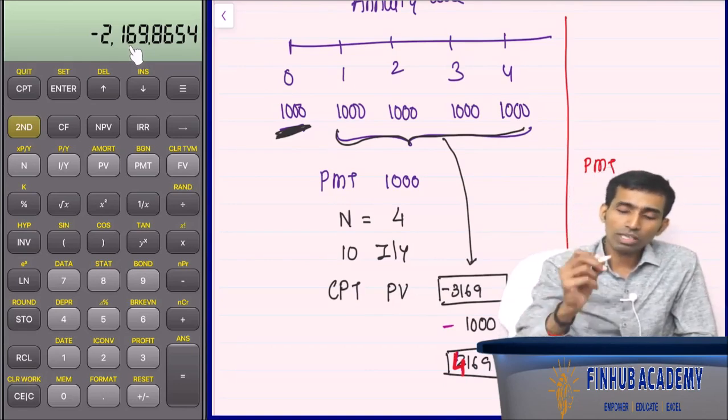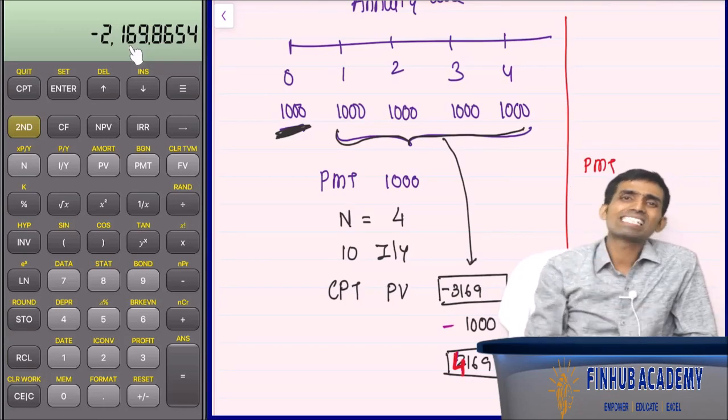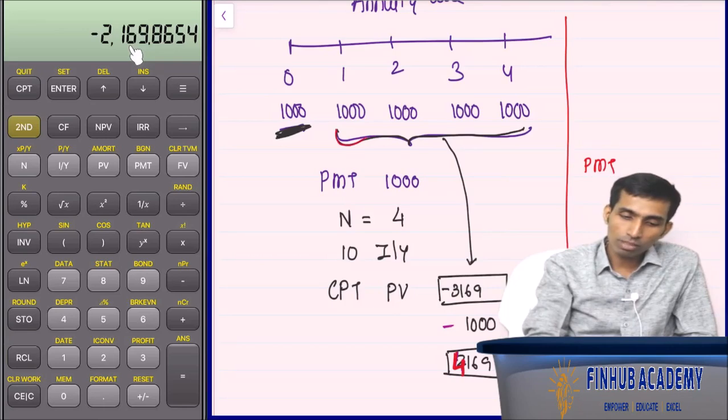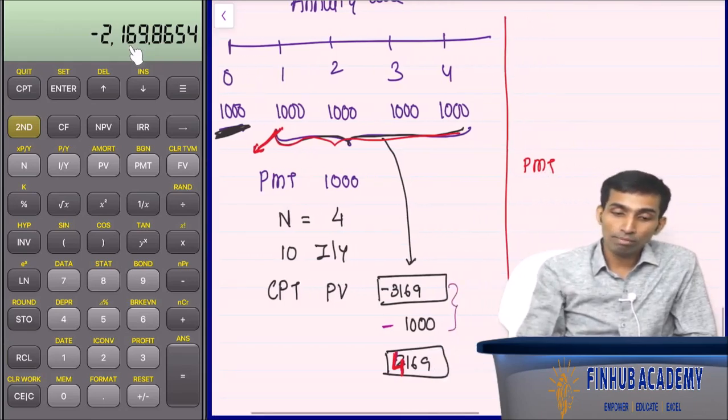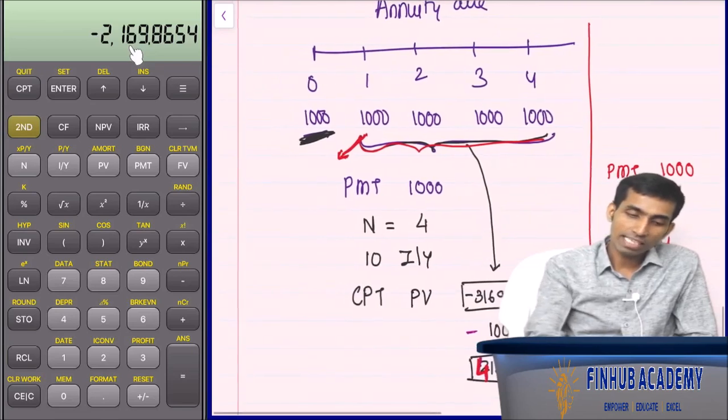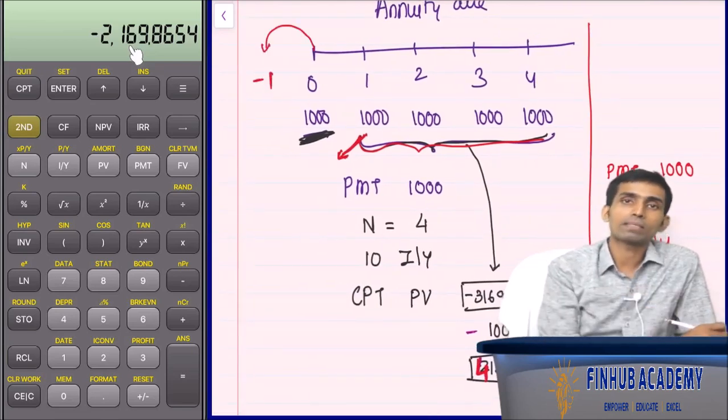Listen carefully. Our calculator is set in such a way that it gives you the value one year back. Means if the installment is starting here, the present value in PMT gives me the value in the previous year. So if I take this PMT as 1000, N as 5, 10 I/Y, and compute PV, I'll get one single amount which will be standing at minus 1, one year back.